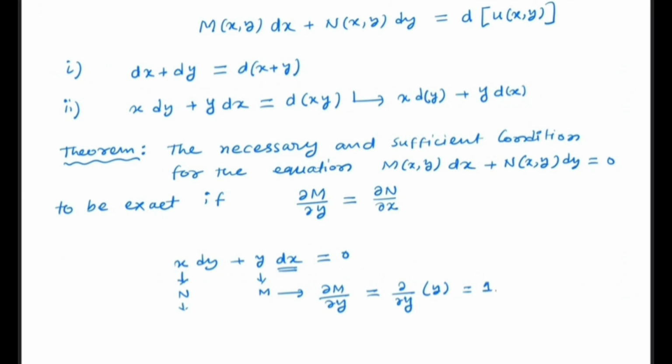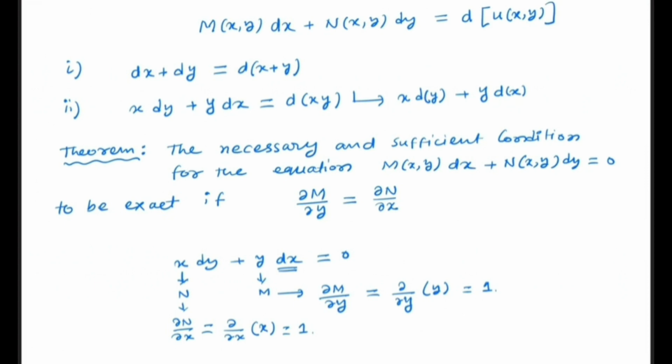Similarly, ∂N/∂x is the derivative of x with respect to x, which is also 1. So ∂M/∂y is the same as ∂N/∂x, so it is exact, as we have seen before.